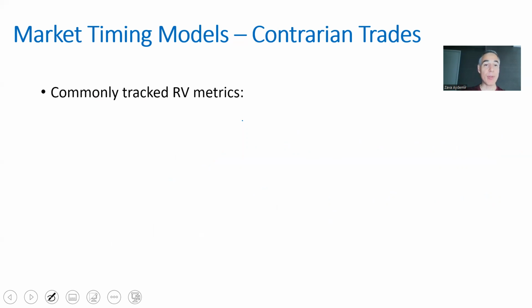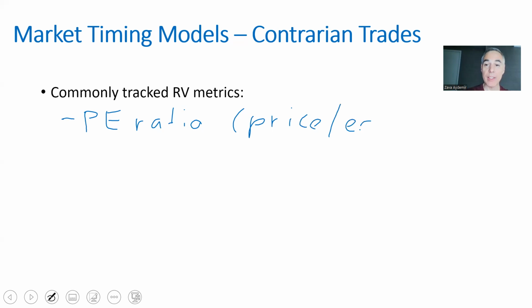So in the equities or stocks sector, what are the commonly tracked RV figures? A very well-known one is the price-earning ratio, and that is calculated both for individual stocks, single names, as well as for an index such as the S&P 500.